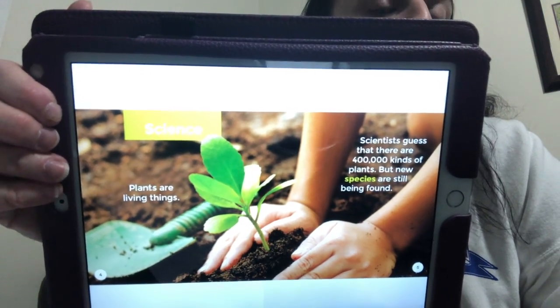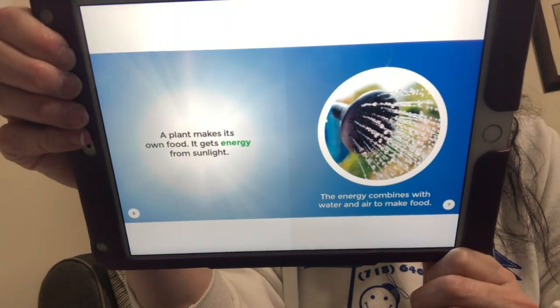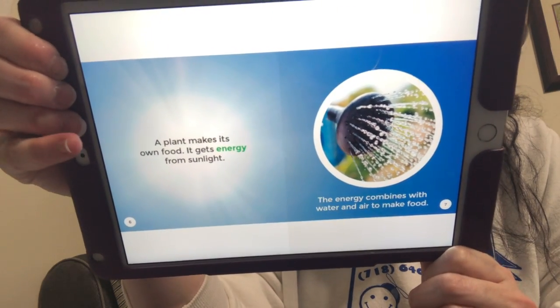That's a lot of types of plants, and there are more plants being found now. A plant makes its own food. It gets energy from sunlight. The energy combines with water and air to make food. See, the sunlight and the water helps the plant to make food.